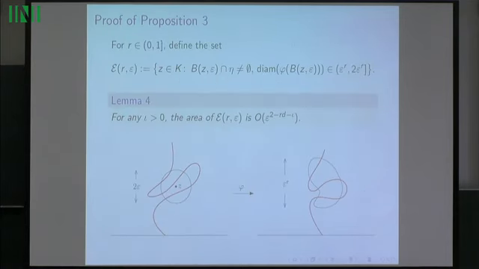Here we define this set E_r^epsilon to be the set of all z such that the diameter of the image of the ball B(z, epsilon) is of order epsilon to the power of r. We only need to consider r smaller than 1, because we want an upper bound for the diameter. So r bigger than 1 is not interesting.